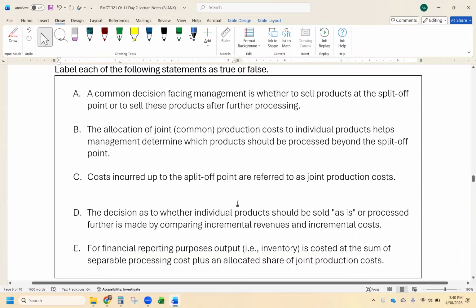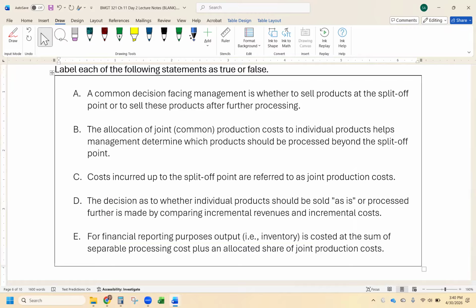And C, costs incurred up to the split off point are referred to as joint production costs. And D, the decision as to whether individual products should be sold as is or processed further is made by comparing incremental revenues and incremental costs.